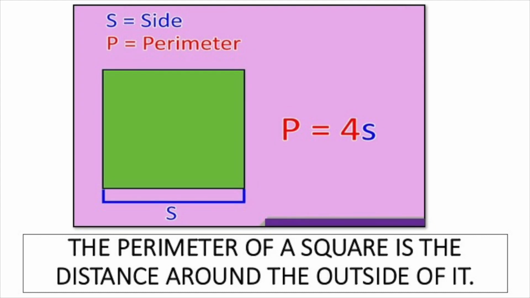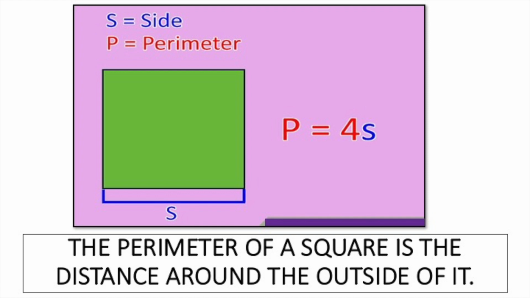The perimeter of a square is the distance around the outside of it. Yes. So how many sides does a square have? So what we need to do, because they're all the same length, is take the length of one of the sides and times it by 4.